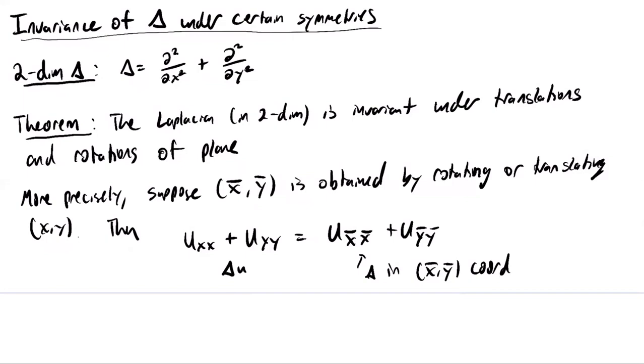So again, think back to the beginning of the class when we talked a little bit about the coordinate method. If I use the coordinate method and define new coordinates by rotating my original coordinates in the plane, then that doesn't change the value of the Laplacian for any function, right? So this quantity here is always equal to this quantity here.